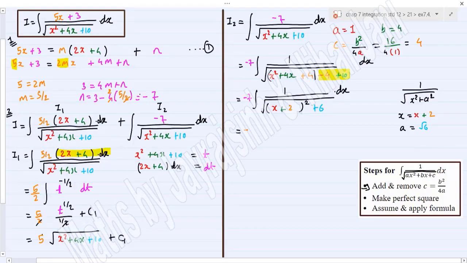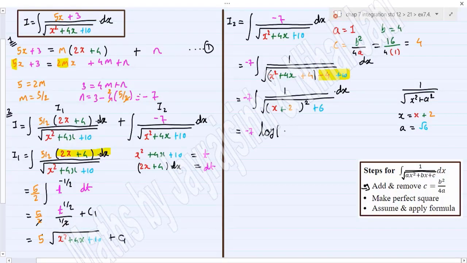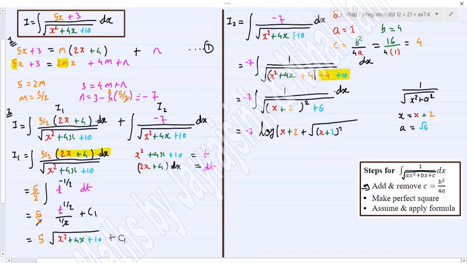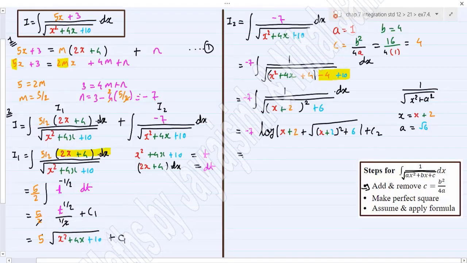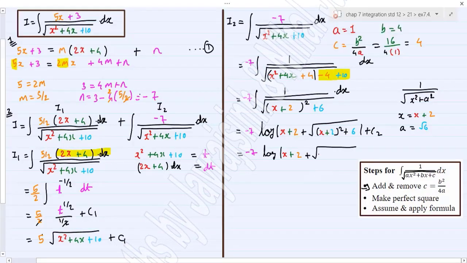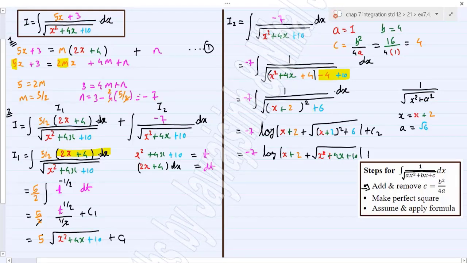So its integration will be log mod x plus 2 plus under root of (x plus 2) the whole square plus 6 plus c2, or we can get minus 7 of log mod x plus 2 plus under root of x square plus 4x plus 10 plus c2.